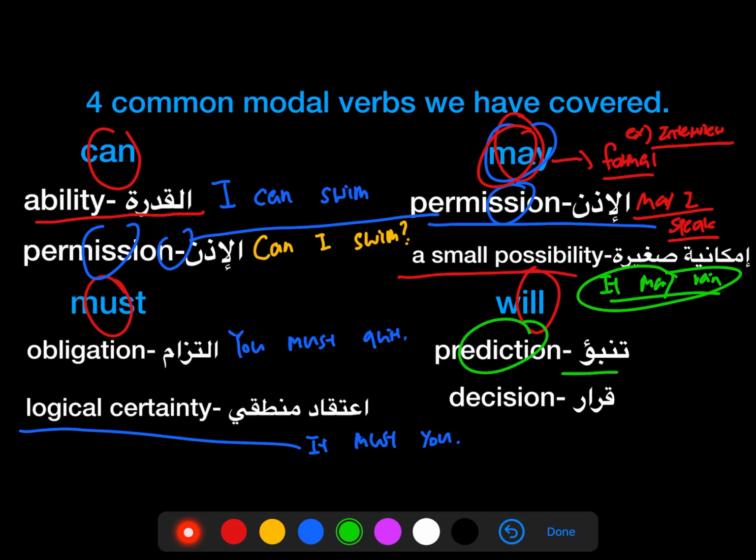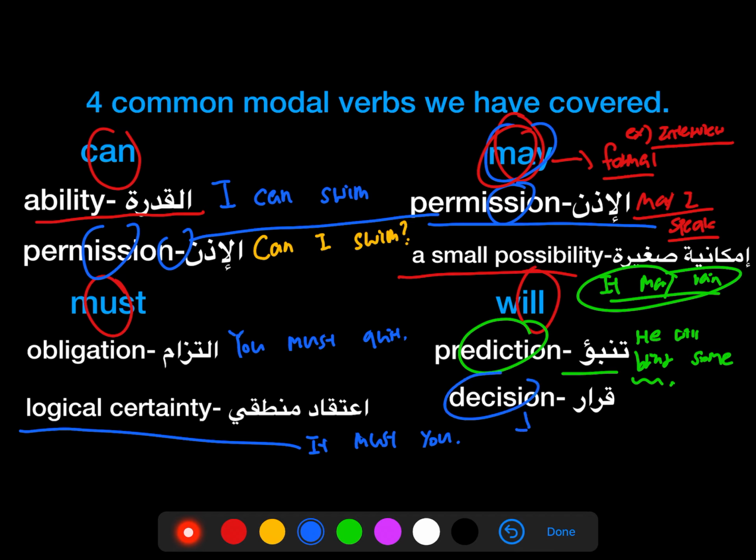We use will, prediction, to predict a future situation. So he will come. He will bring some drinks. Don't worry. A future expectation, stuff like that. He will bring some drinks.